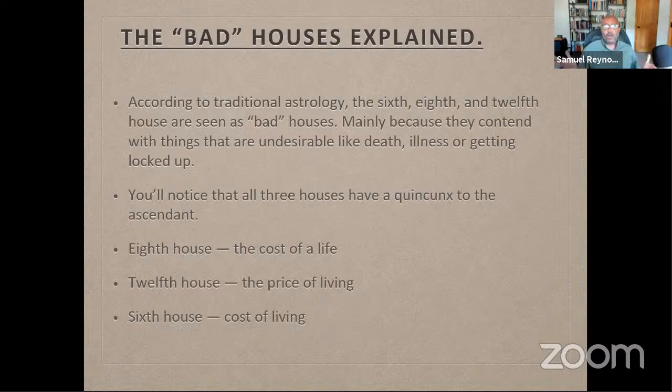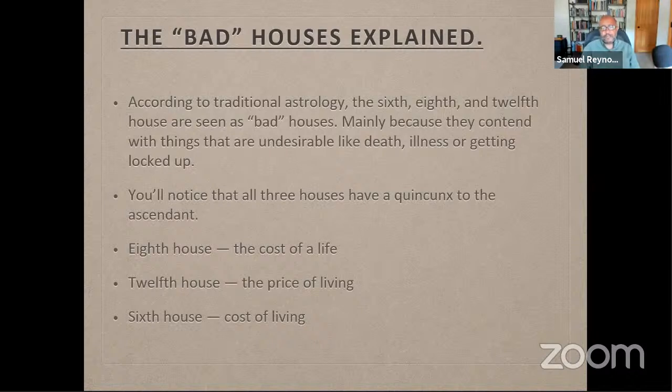So the cost of life is death. We will all die at some particular point. I hope it's much later for all of you, including myself, but we are all going to expire. So as part of the deal of being born at the ascendant point, which is what that represents, you will deal with the 8th house.